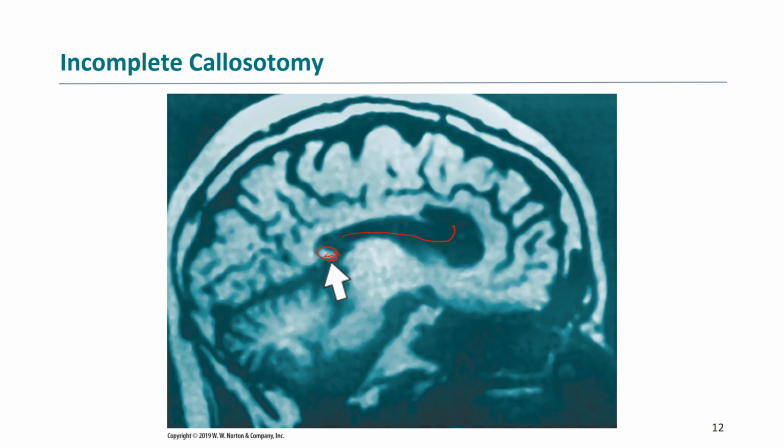As a result, visual information could still be transferred between the cerebral hemispheres. So by just leaving the splenium, this little piece, visual information could still be transferred.